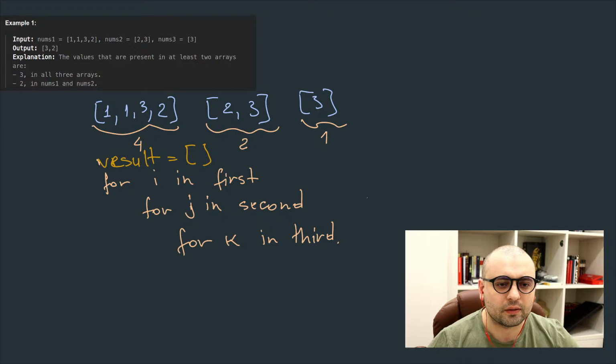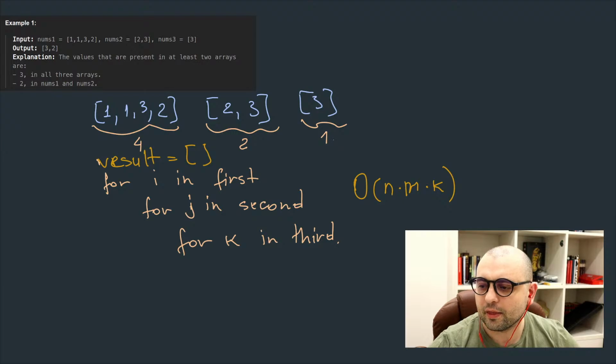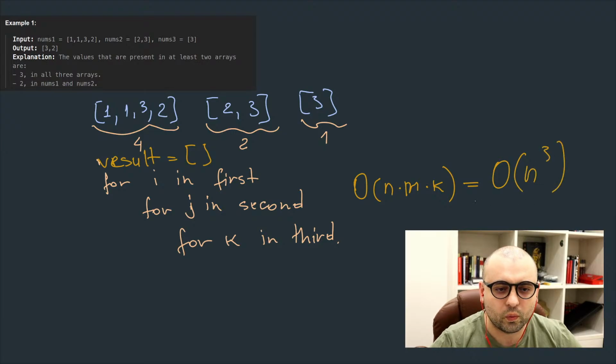I feel like the complexity for this one will be big O of n multiplied by m multiplied by k, which, if they are equal size, gives an n cubed solution. That doesn't feel like a really nice solution for our problem, so we need to think of something smarter.